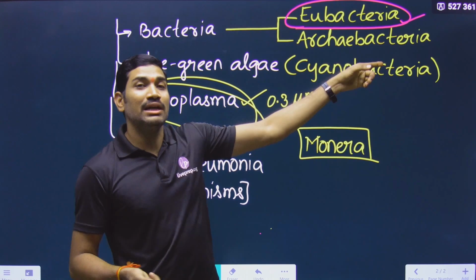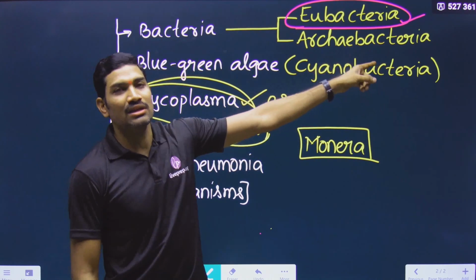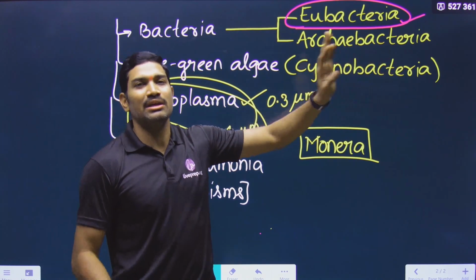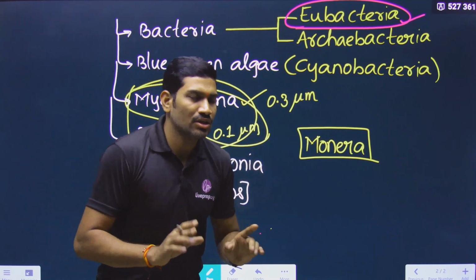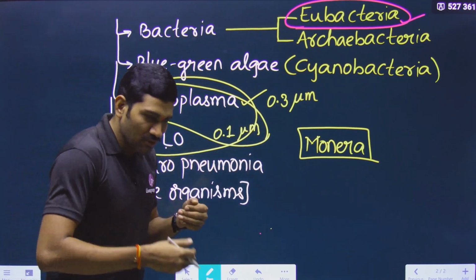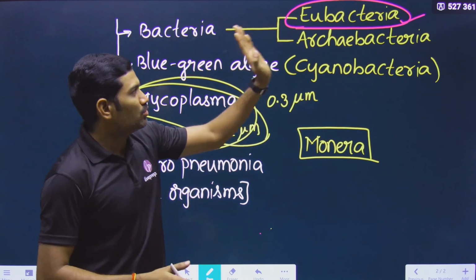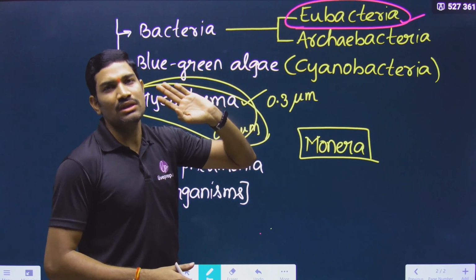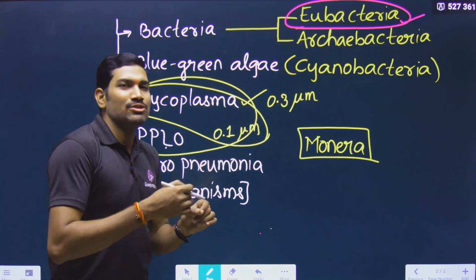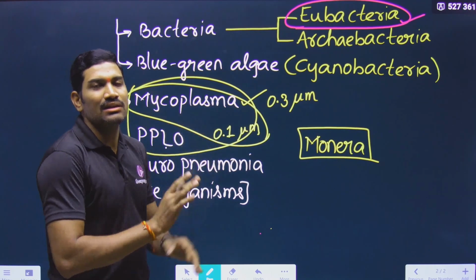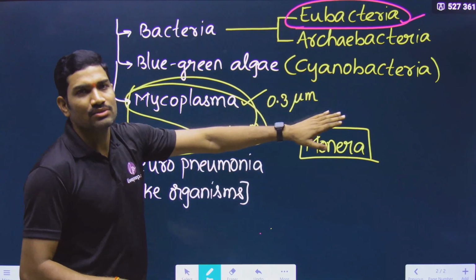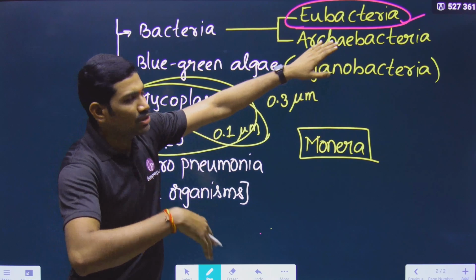If they want to deliberately ask about something else, then they will clearly mention whether it is eubacteria, archaebacteria or whatever it is. So from now onwards, whatever general information we are studying, we are focusing mainly on eubacteria only, unless we are specifically talking about a particular organism.